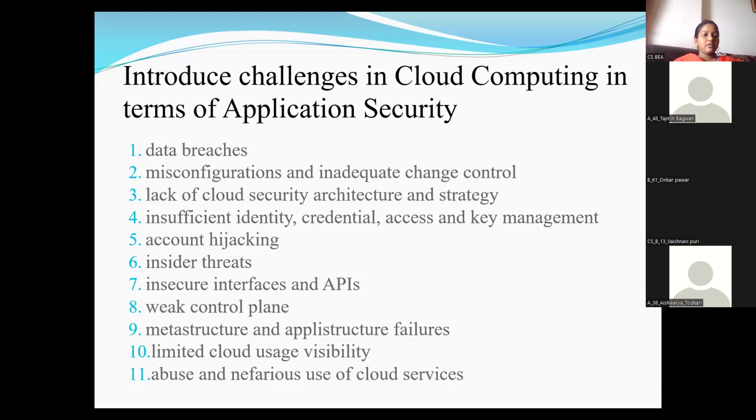So the CSA recommendations are like requiring adequate controls from the CSPs and performing due diligence to determine if potential cloud services have adequate control planes. Then CCM specifications include the following: establishing and making the InfoSec policies and procedures readily available for review by internal personnel and external business relationships.